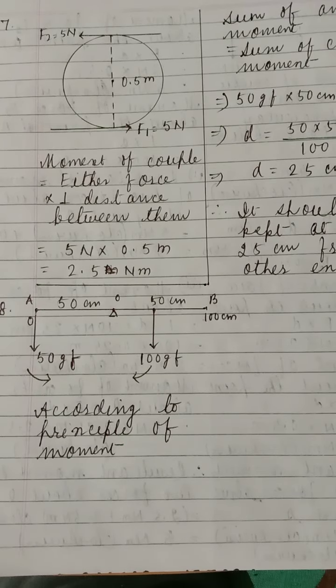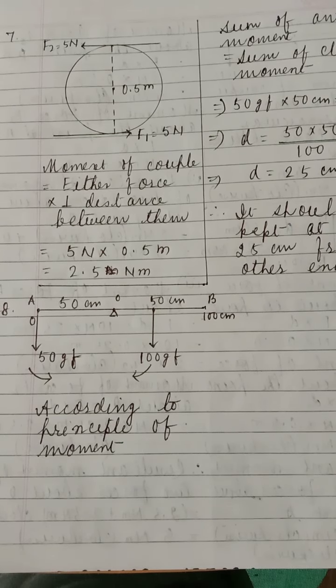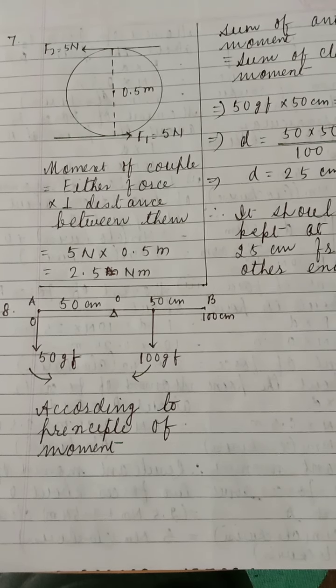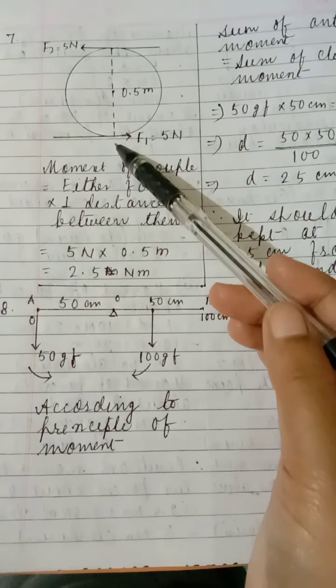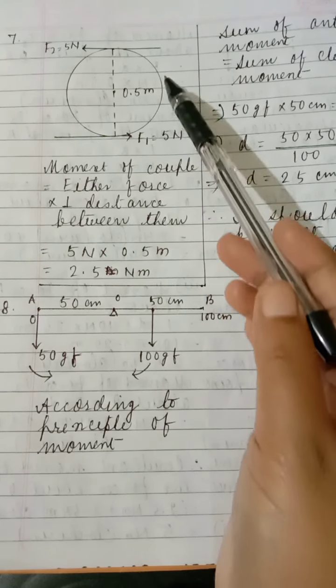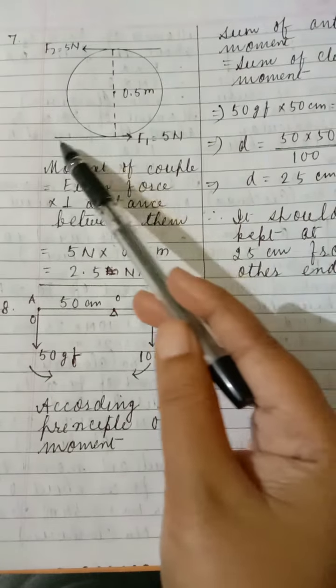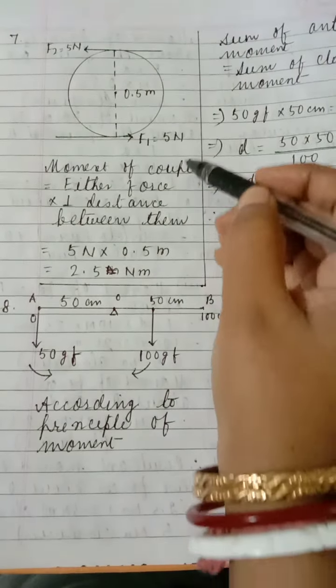So question number 7 says a steering wheel of diameter 0.5 meter is rotated anti-clockwise by applying two forces each of magnitude 5 Newton. So this is the wheel whose diameter is given as 0.5 meter, and the forces are applied in this direction, so that the wheel is rotating in the anti-clockwise direction.